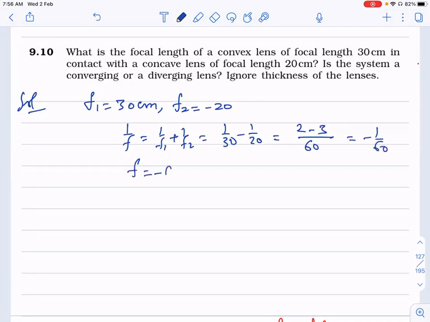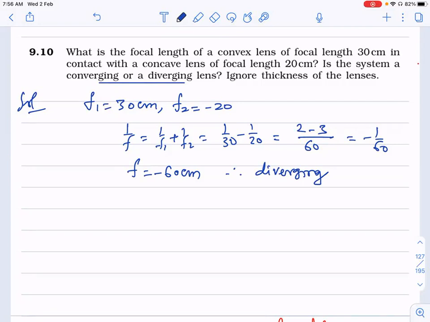So f is minus 60 centimeter. तो आंसर क्या होगा? कन्वर्जिंग या डाइवर्जिंग? So diverging. Diverging focal length minus 60.